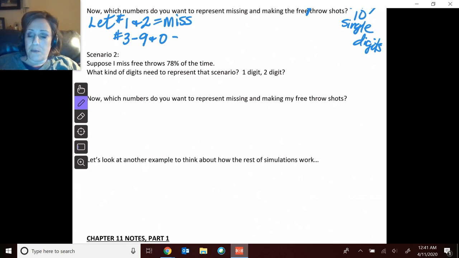But there is another way you could do this. Sometimes people do this: let 0 and 1 equal a miss.